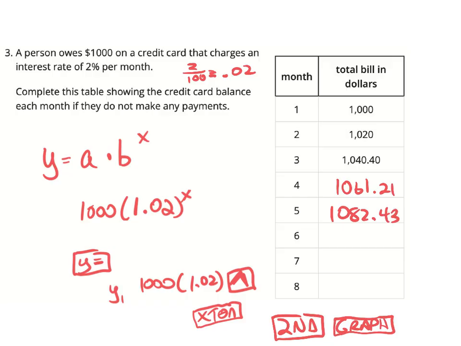And the next number is 1104.08. The next number is 1126.16. And the next number is 1148.66.